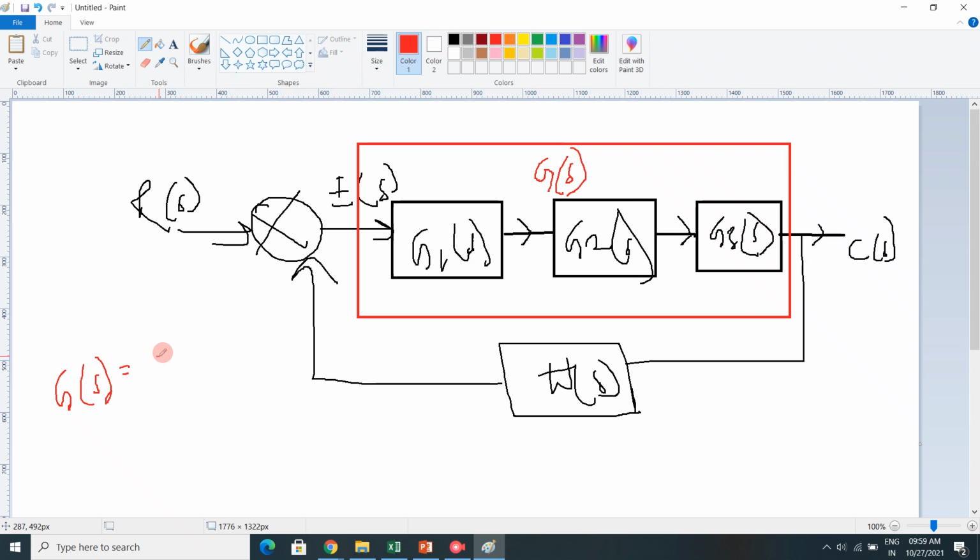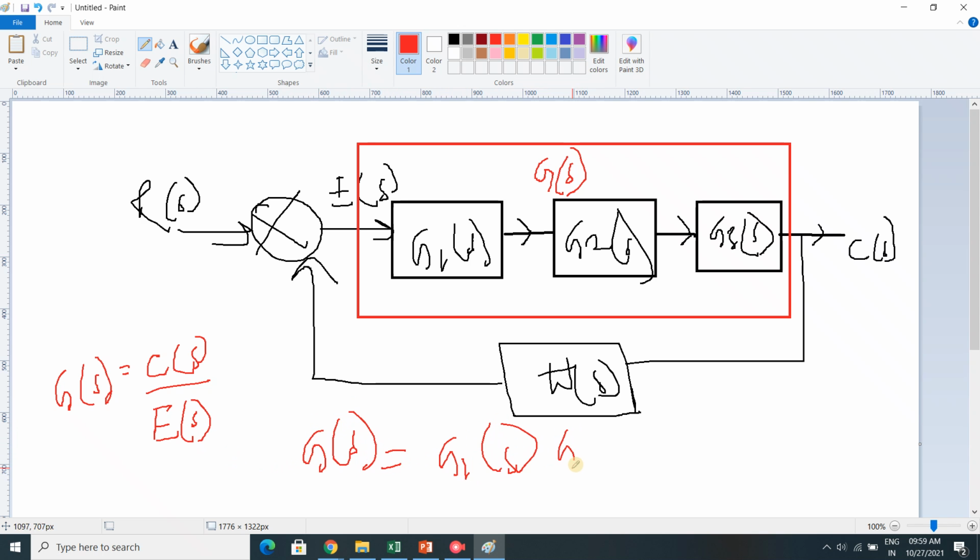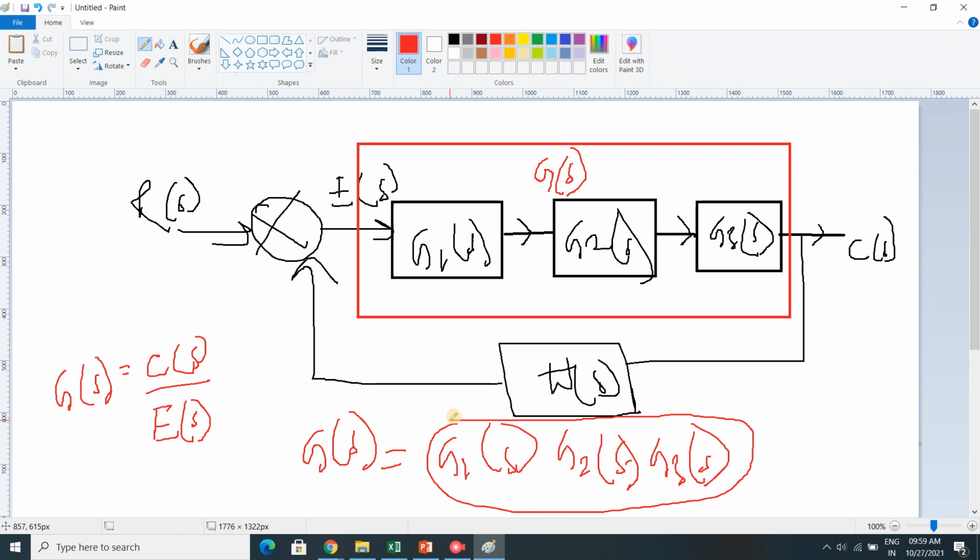So G(s) equals the Laplace transform of the output signal by the Laplace transform of the input signal, where G(s) equals G1(s) multiplied by G2(s) multiplied by G3(s). That means if more than one block is there in series, the total will be the multiplication of all the 3.